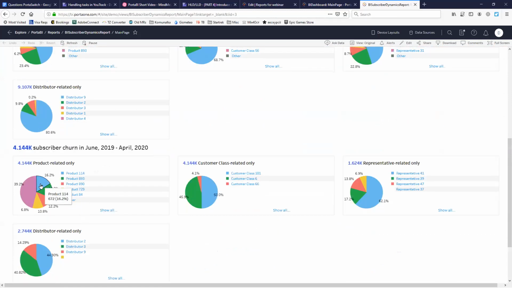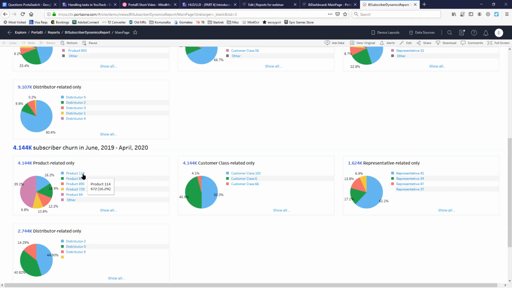So it shows you the leading products, for example, the leaders in subscriber churn. It means that product 114 is not very popular, and our customers using that product are leaving. I mean, they're quitting the service. Maybe we should do something about that. Maybe we should change the product. Maybe we should just introduce a new product and automatically transfer remaining customers from product 114 to this new product.